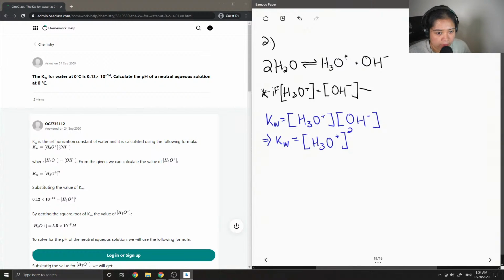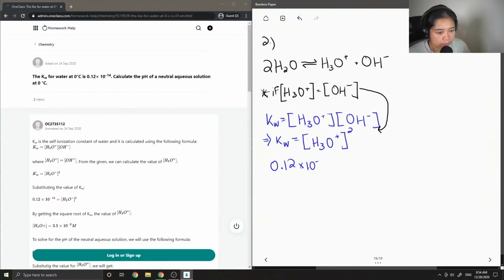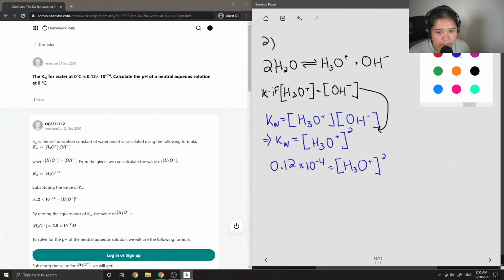Let me just insert that in between the two lines. In the question, they give us the value for Kw, so all we have to do is plug it in and then solve for our unknown, which is the concentration of H3O plus. To isolate this, we just need to take the square root of both sides.